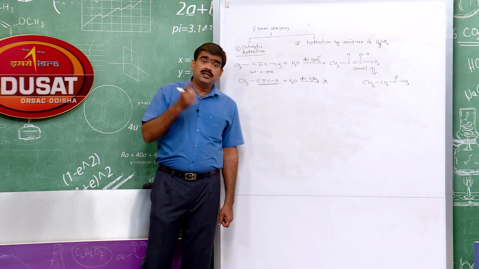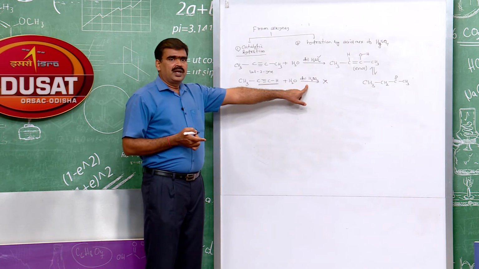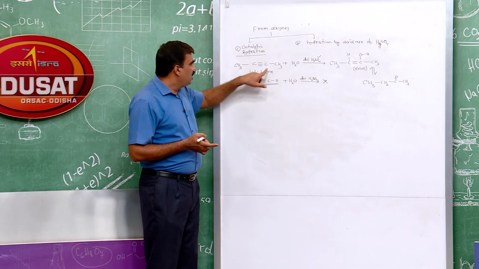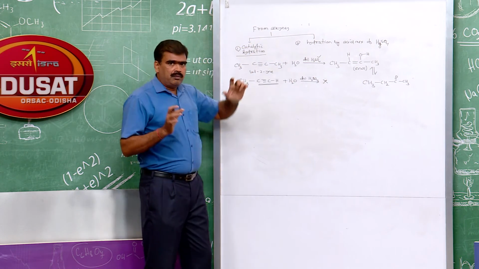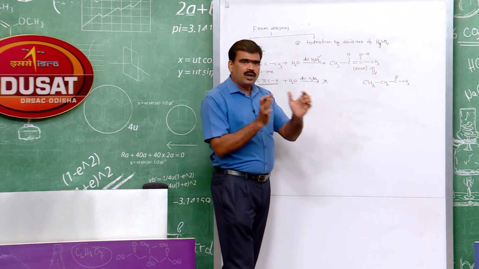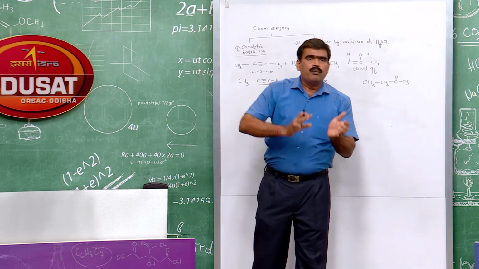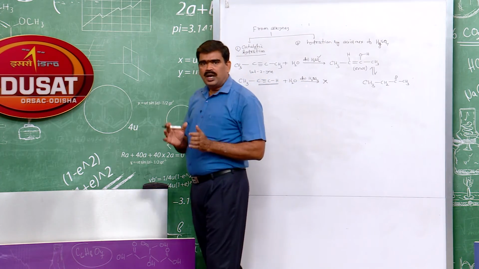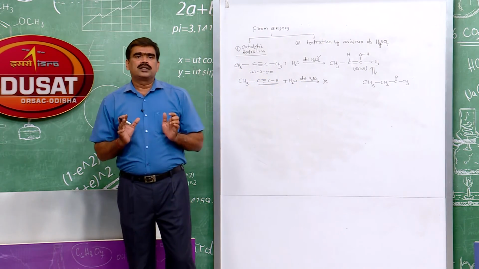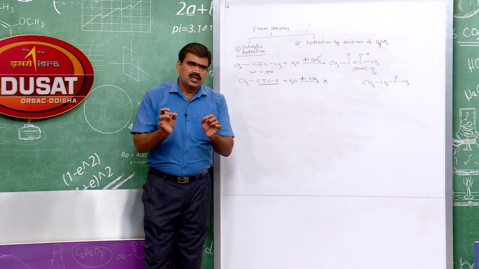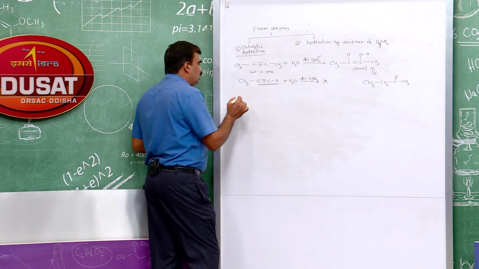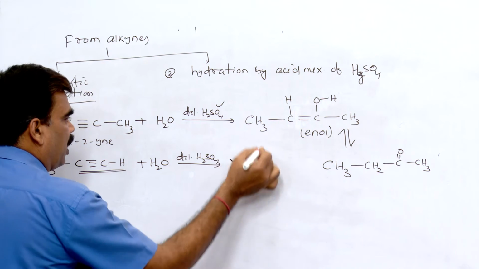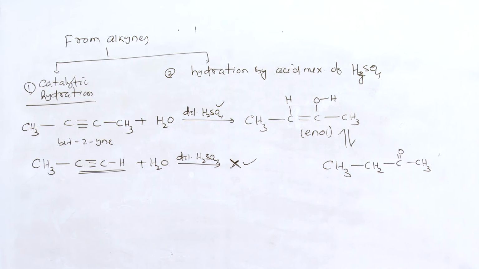Terminal alkynes are less reactive towards catalytic hydration. Only जो ट्रिपल बॉन्ड मॉलिक्यूल के अंदर में जितना अंदर में होगा वो ही रिएक्शन करेगा. अगर वो बाहर में आ जाता है, टर्मिनल पोजीशन पे आ जाता है, तो इतना उसका जो रिएक्टिविटी वो घट जाती है. So you cannot get the product here, right?